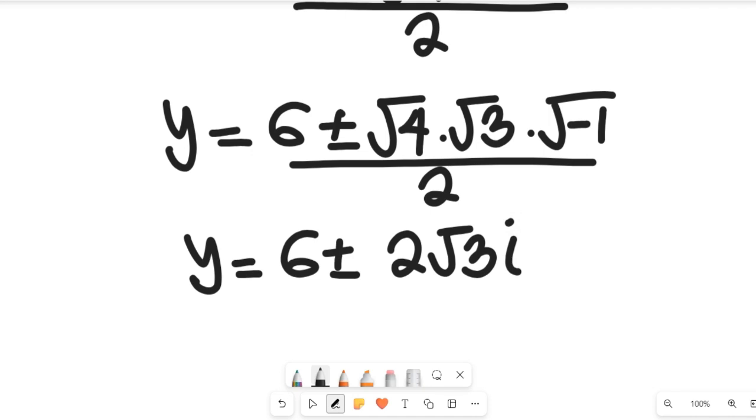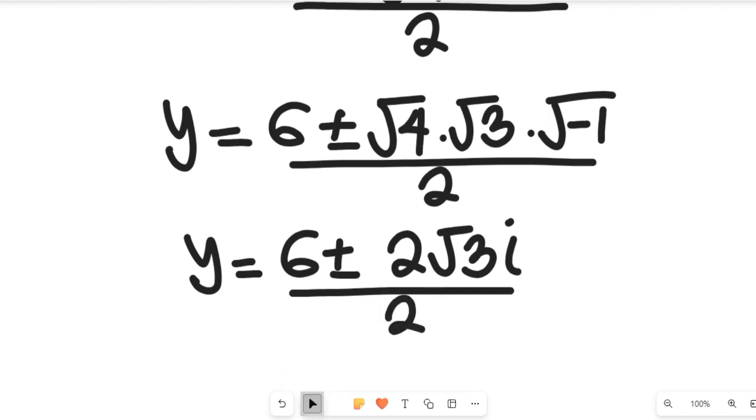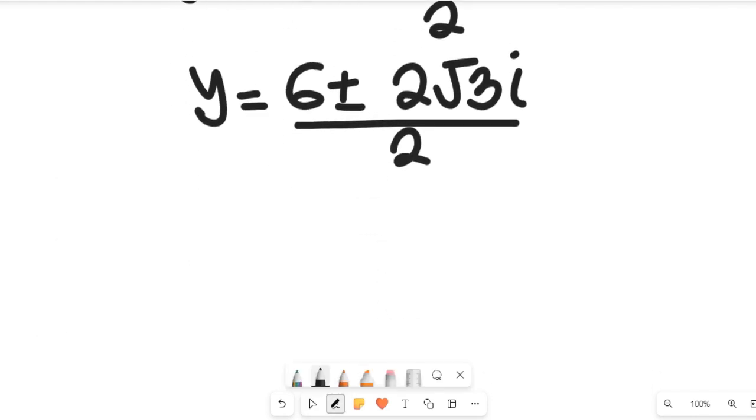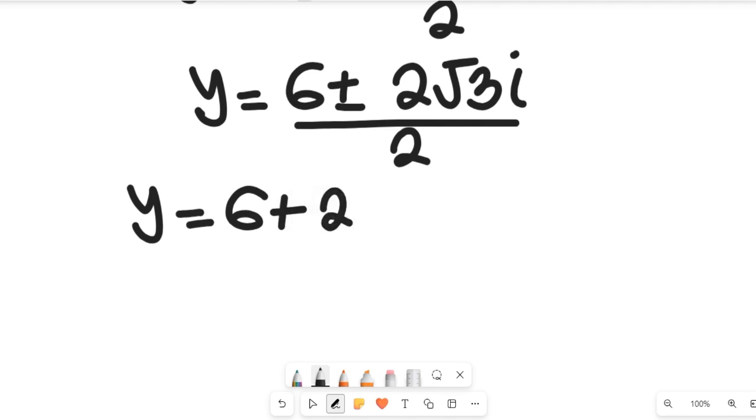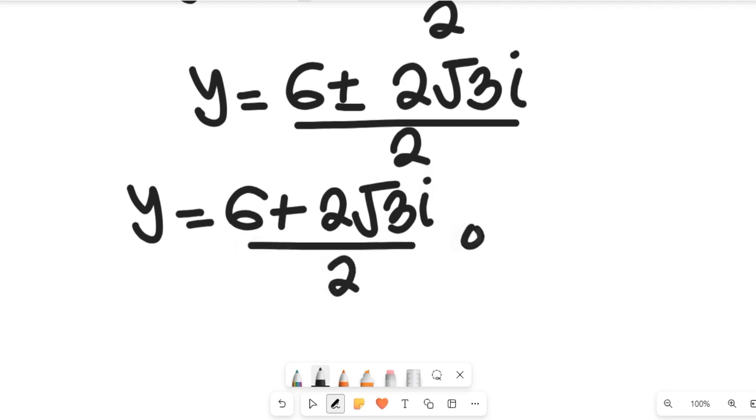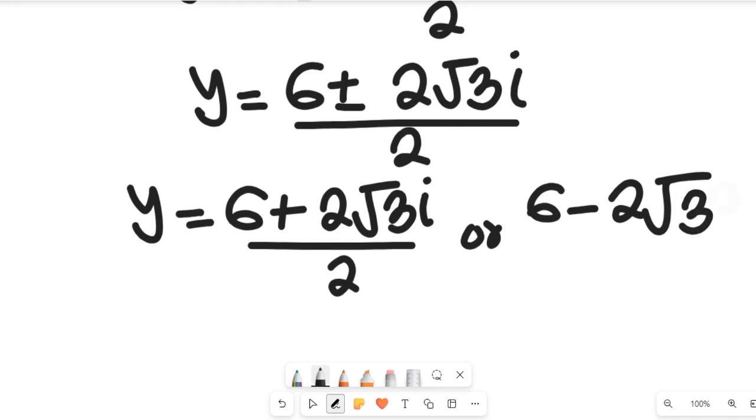and this is going to be imaginary, because the square root of negative 1 is equal to i, the imaginary unit, and this is divided by 2. So the value of our y for this solution will be equal to 6 plus 2 root 3 i divided by 2, or 6 minus 2 root 3 i divided by 2.